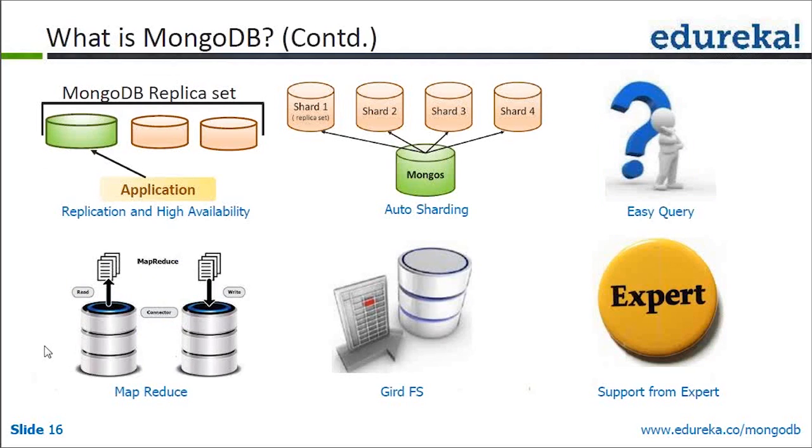Replication and high availability: the solution from MongoDB in terms of high availability is the replica set. It signifies a cluster or set of nodes wherein one node can be primary and other nodes can be secondary.